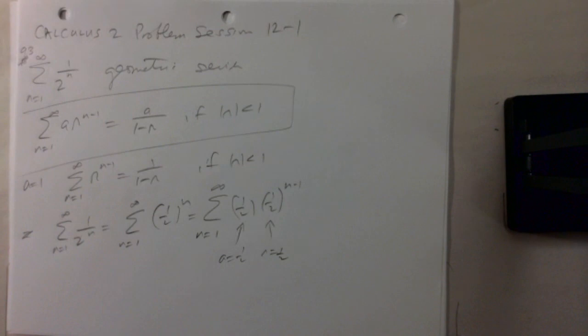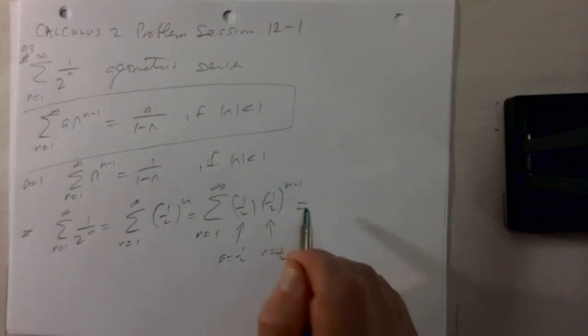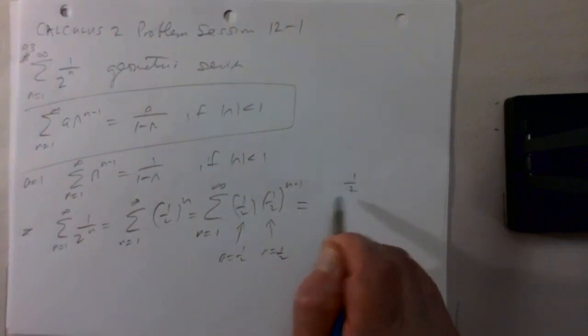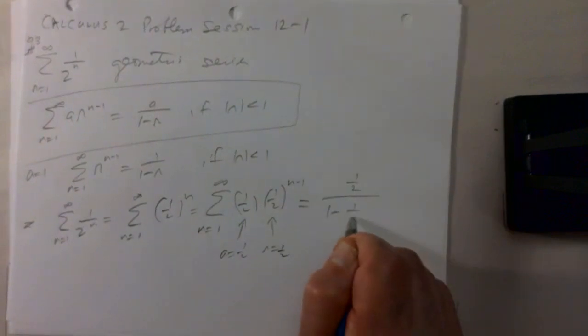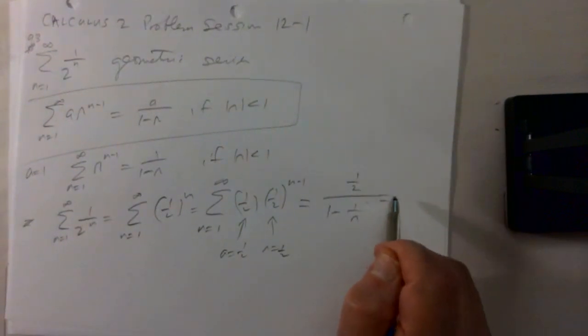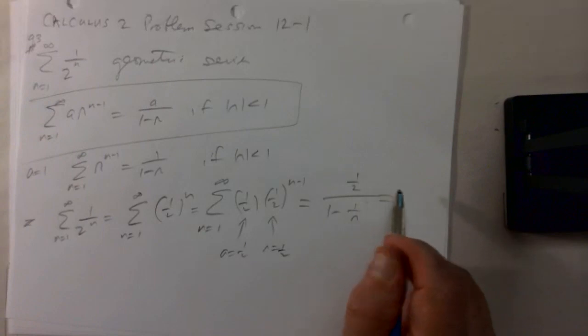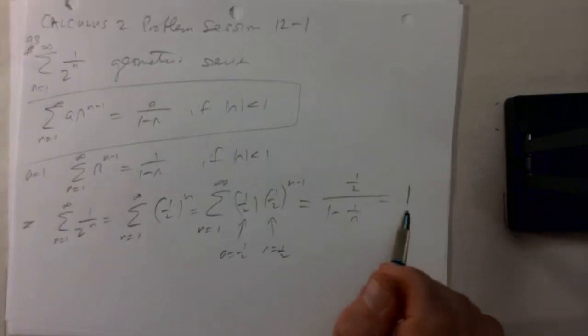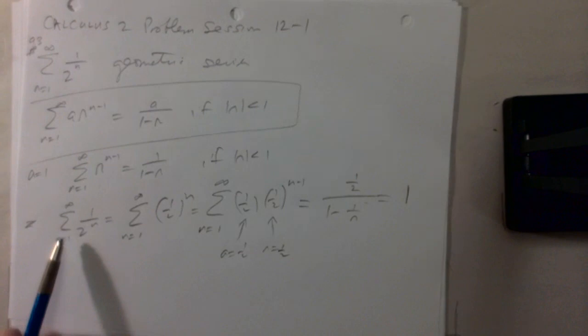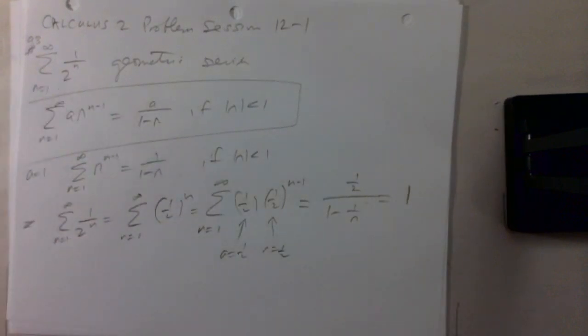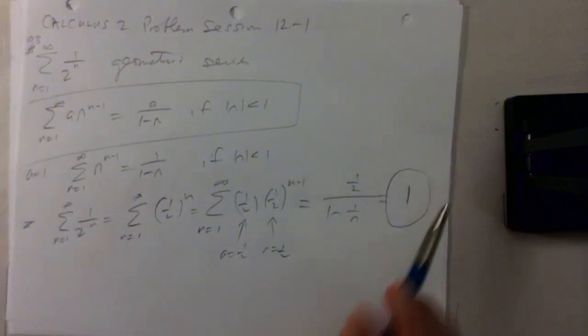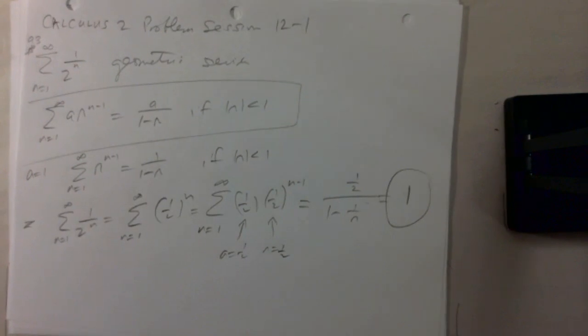And r is less than 1. So this converges to a over 1 minus r. If you multiply by 2, you get 1. So this geometric series converges to 1. That's the answer.